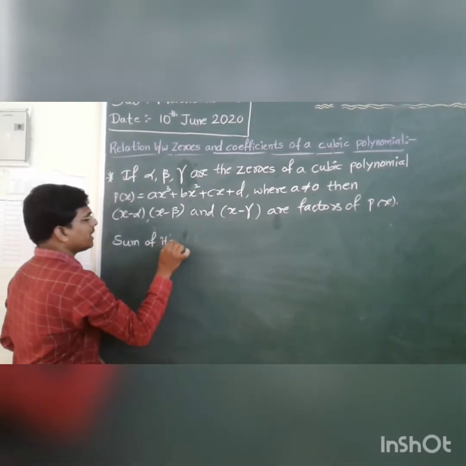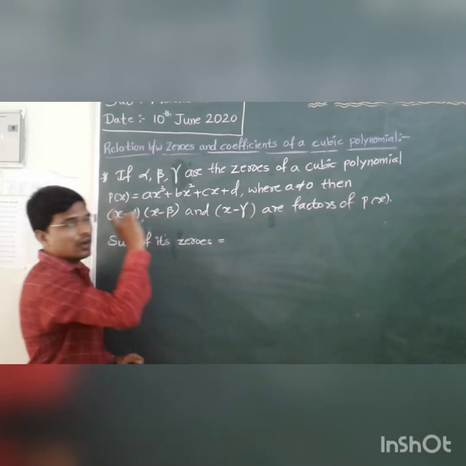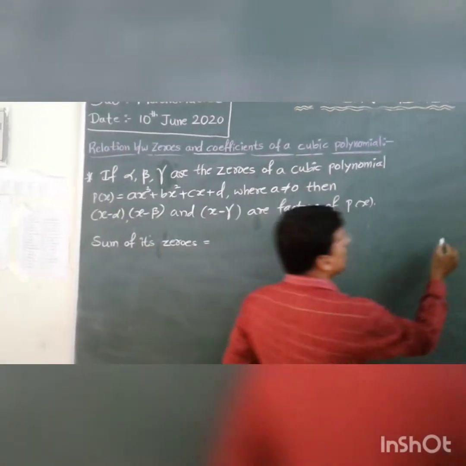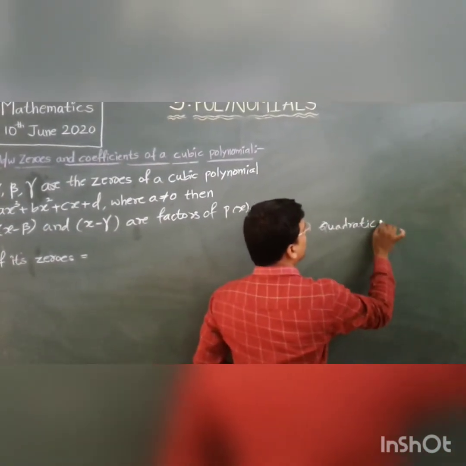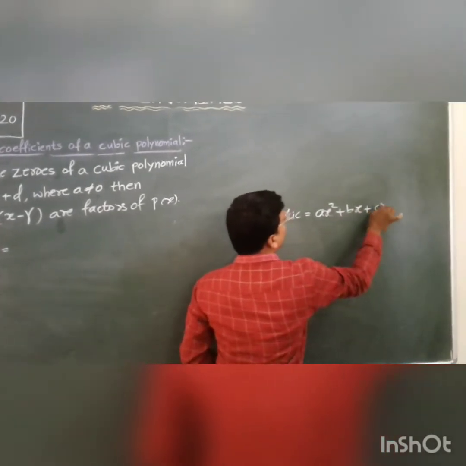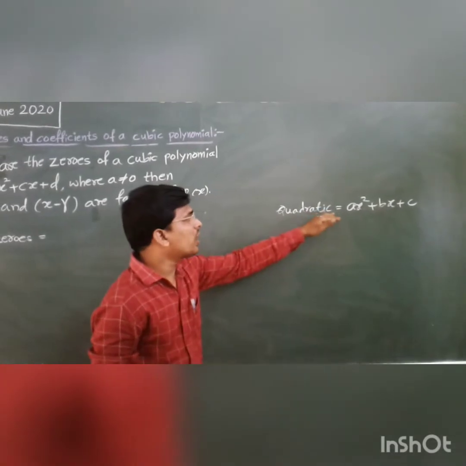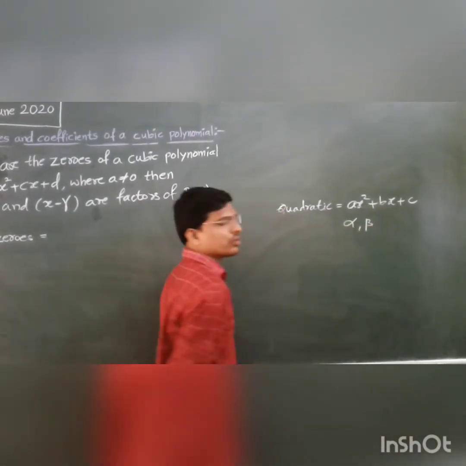Same as the previous case, the sum of its zeros. There we have two zeros, because for the quadratic polynomial ax square plus bx plus c, what is the degree? The degree is 2. That is why this quadratic polynomial will have at most 2 zeros.